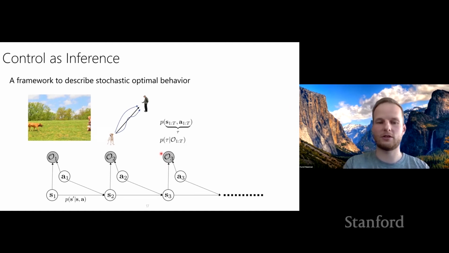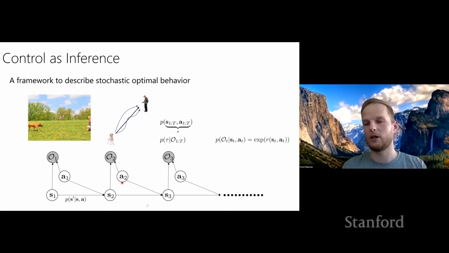But we introduced this additional random variable, and we didn't describe what those connections mean. What's the dependence of that variable on the action and the state? We'll introduce it as follows. The probability of the dog being optimal at time step T, given the state at that time step and the action that the dog took, is equal to the exponential of the reward at that state with that action.